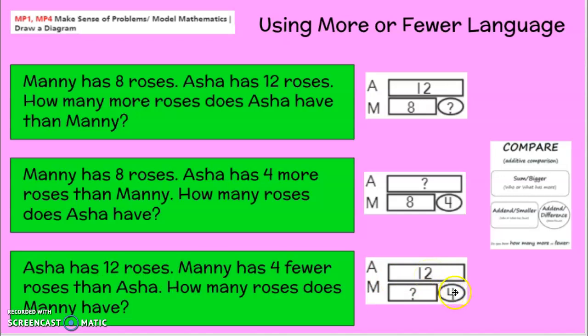Okay, so now we know the more or fewer part, but we don't know how many Manny has. So do you see how this same problem was worded in different ways? Because they used the same people and same numbers, it's kind of like the fact family, right, with a different missing part.